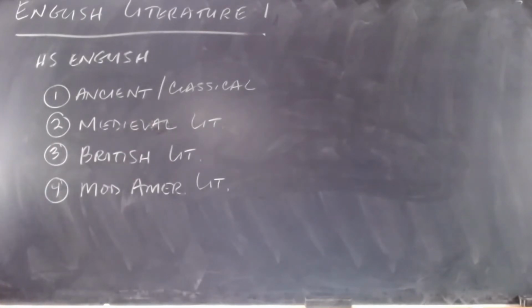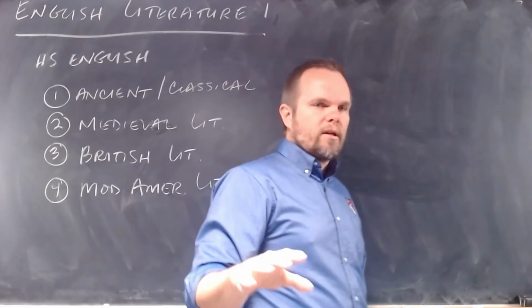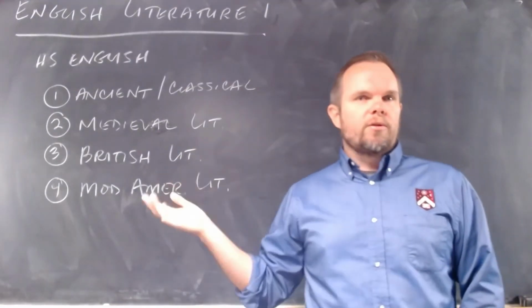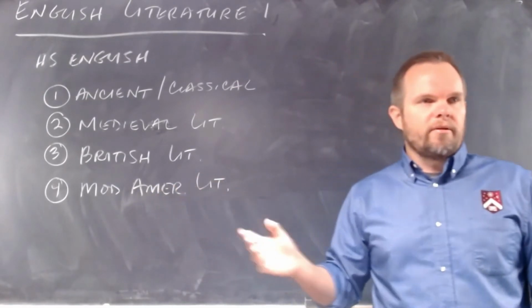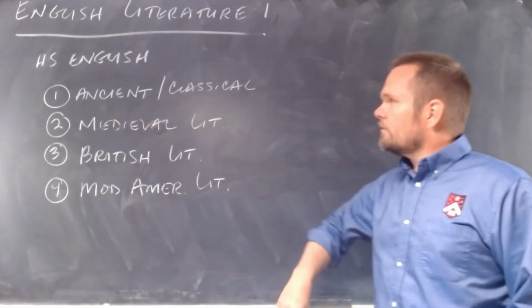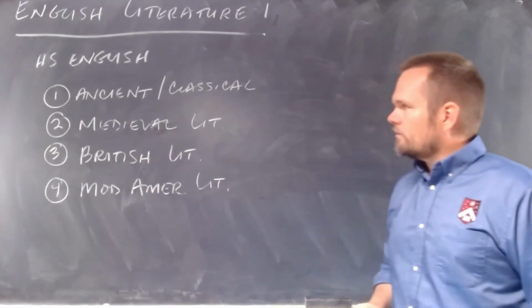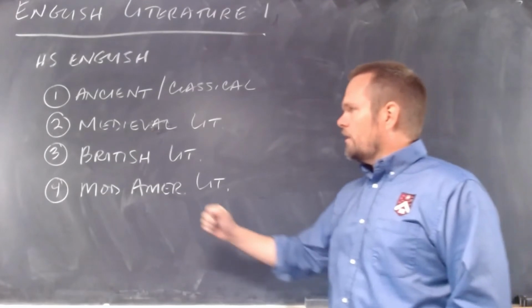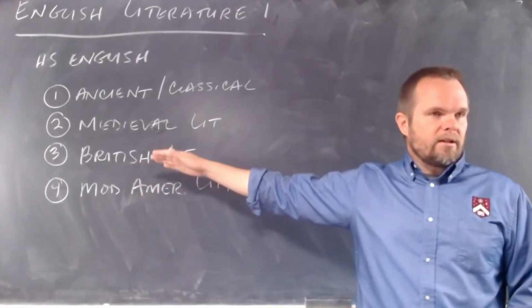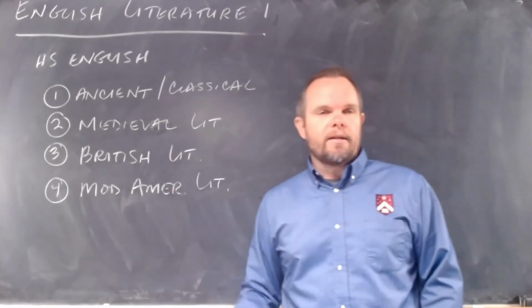So English 1, 2, 3, and 4, just like in world chronology, how you studied different periods of time in history, in English literature, we study literature from different periods in history. Ancient and classical in English literature 1, medieval literature in English literature 2, modern British or English literature in English literature 3, and then modern American literature.